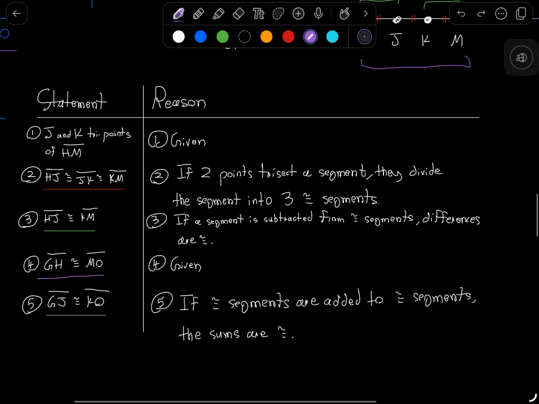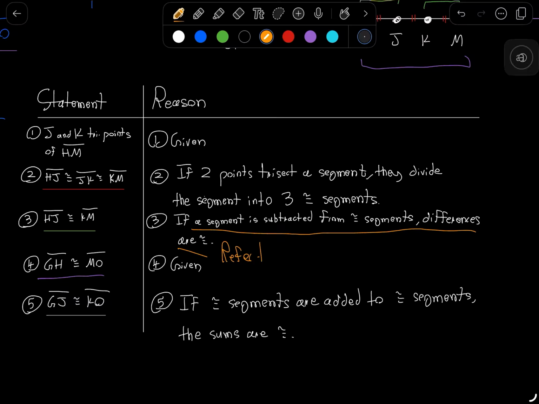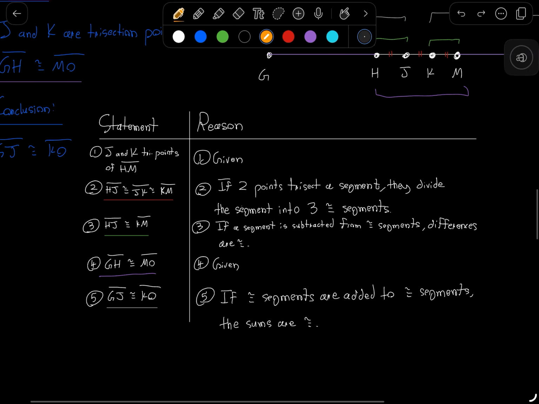In the proof here, I did write the subtraction property, but I'd actually say this is wrong. I would say for step 3, refer to step 2, because we've already proven that HJ and KM are congruent to each other because they're trisected. So once again, I would cross out the reasoning here for 3.